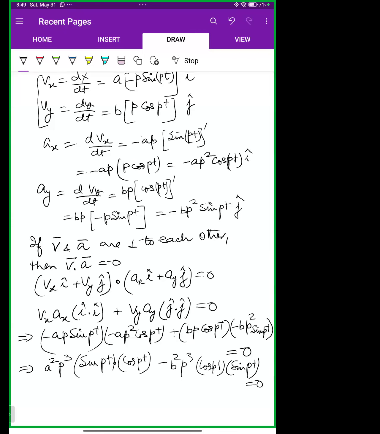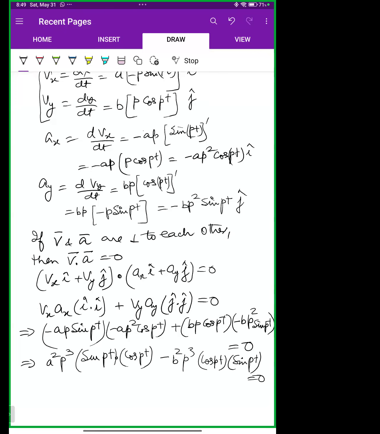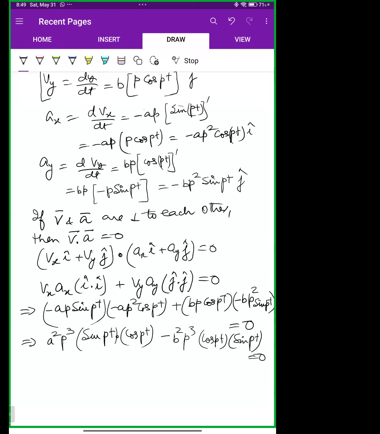And I think usually you stopped here. I think you had more doubt here. So that doubt comes here. See, A square P cube, that makes P cube and P cube is gone. So A square and sin PT cos PT is sin 2 PT upon 2.